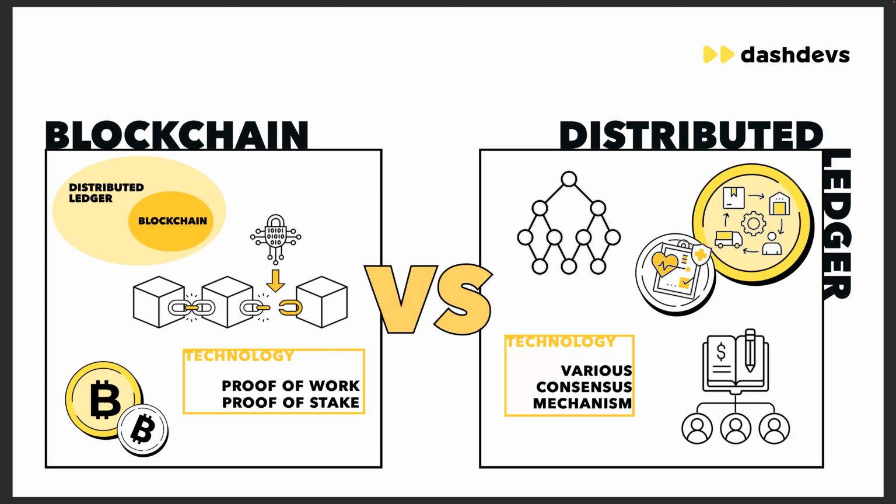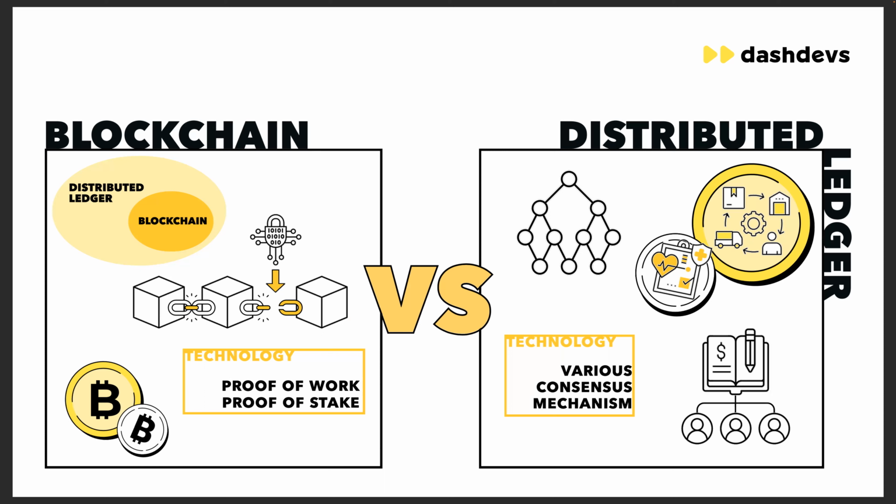Distributed ledgers can use different consensus mechanisms, so the communication way can be different, but it's not limited to proof of work. You don't need to execute complex mathematical or cryptographic algorithms and spend a lot of power in order to reach consensus in the network.